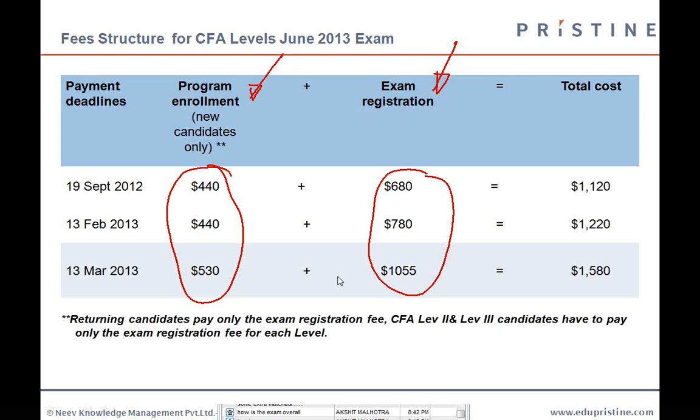Salary is a touchy topic because it really depends on your educational background, how smart you are, and the general market conditions, and all this in combination with your CFA charter gives you a good salary. But as a general thumb rule, based on my past experience, I have seen CFA charterholders earning anywhere between 15 to 25 lakhs at a minimum. There are people who have got much more than 25 lakhs also.